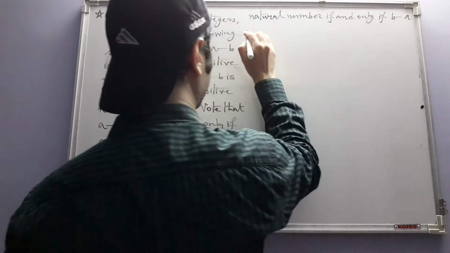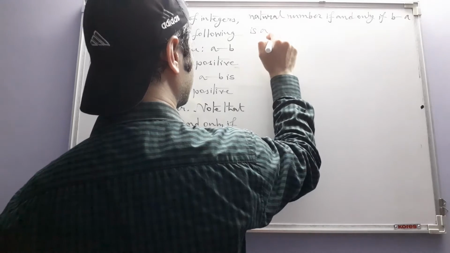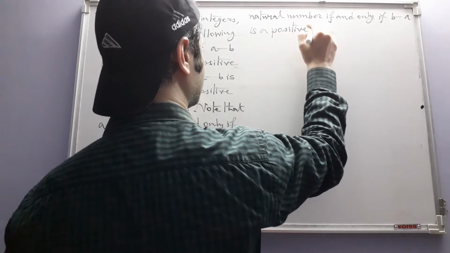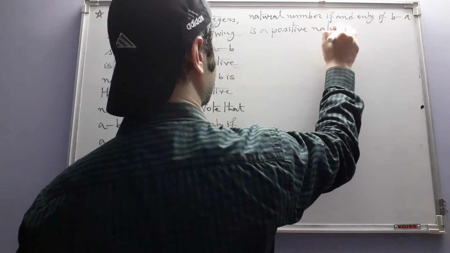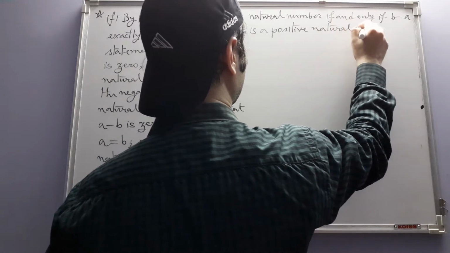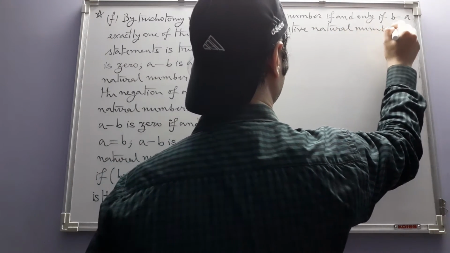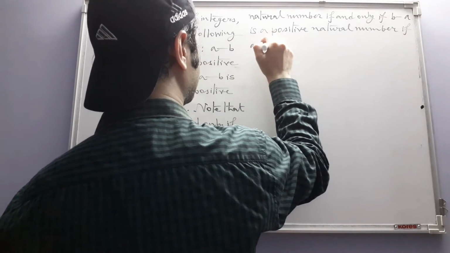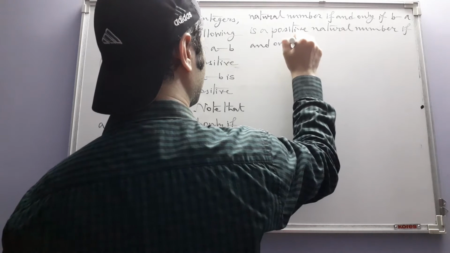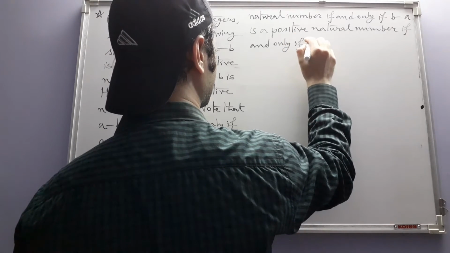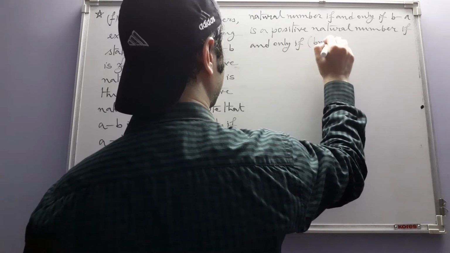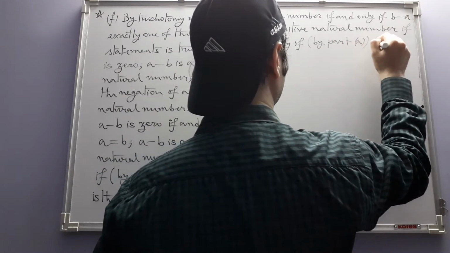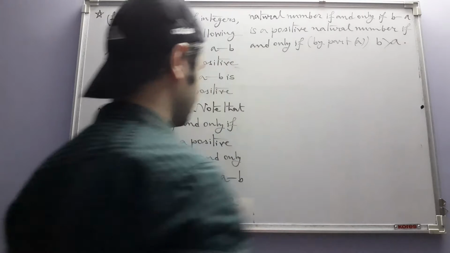B minus A is a positive natural number if and only if, again by part A, B is greater than A.